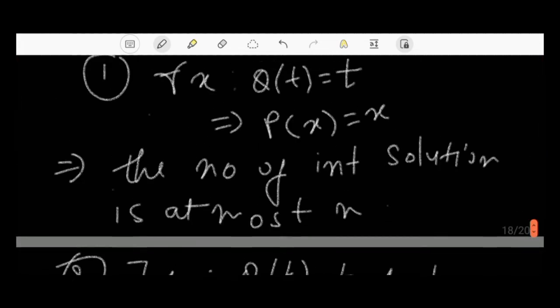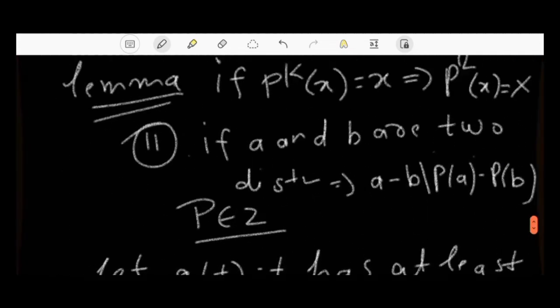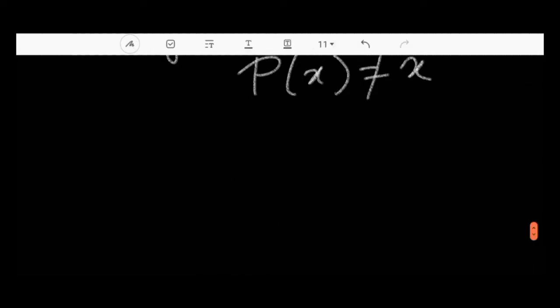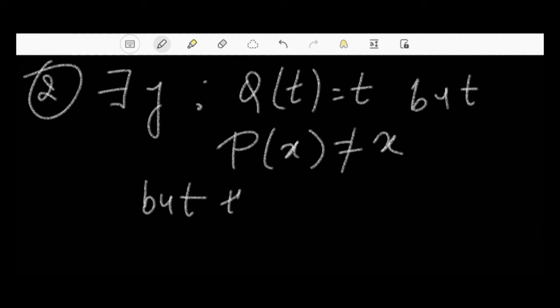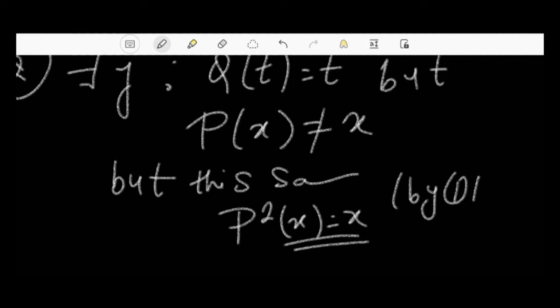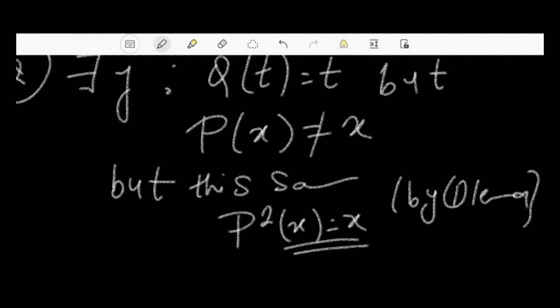So here one thing we have to consider is that by our above lemma, P raised to the power k of x equals x implies that P raised to the power 2 of x equals x. You can say that this satisfies the equation P raised to the power 2 of x equals x by the first lemma. Fine.